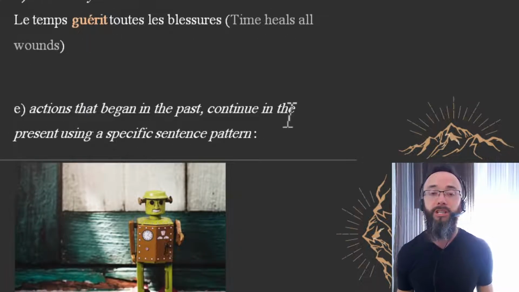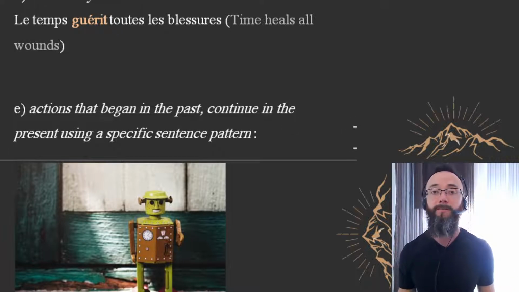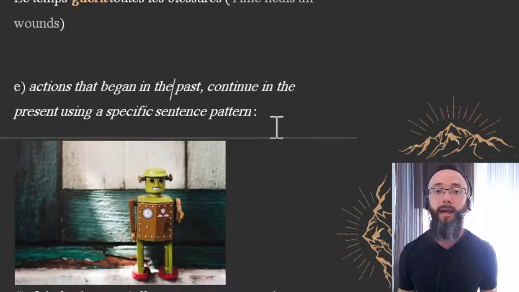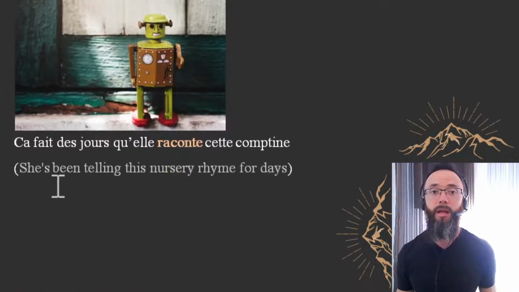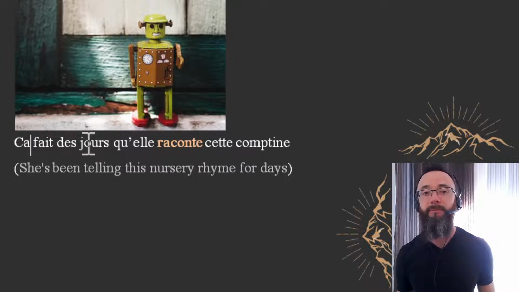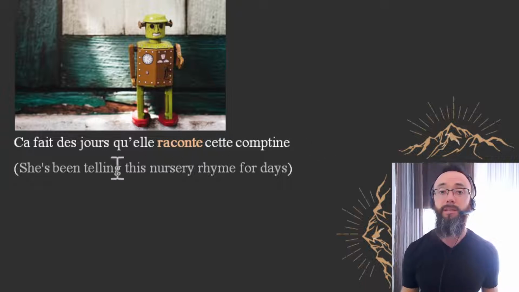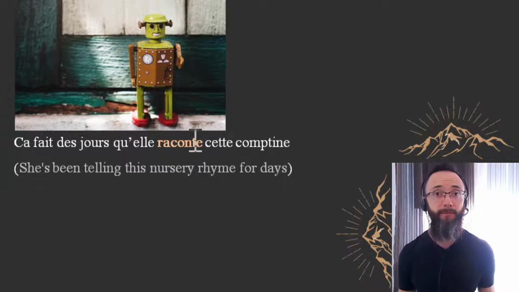Then we have actions that began in the past and continue in the present, using a specific sentence pattern. So I'm going to help you out here. I got your back. She's been telling this nursery rhyme for days. Ça fait des jours qu'elle raconte cette comptine. And here, the tense is very different from French to English. You noticed, right?